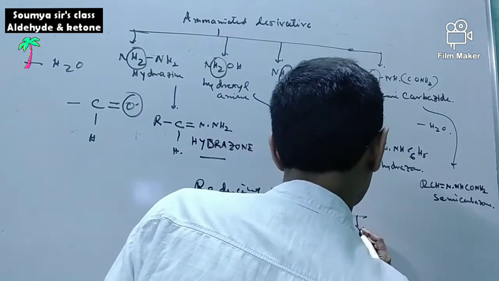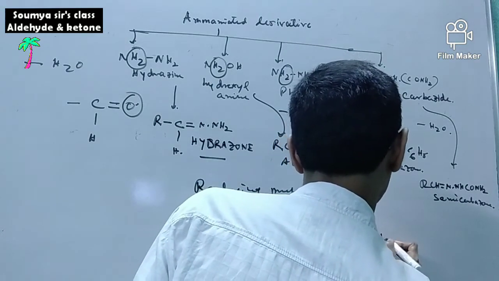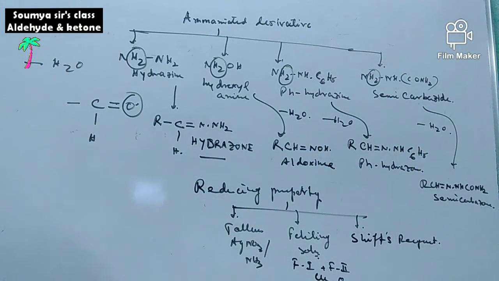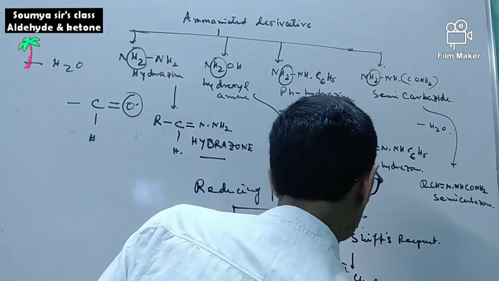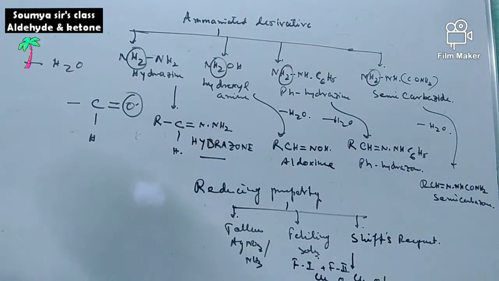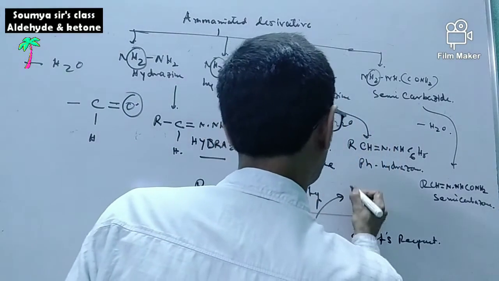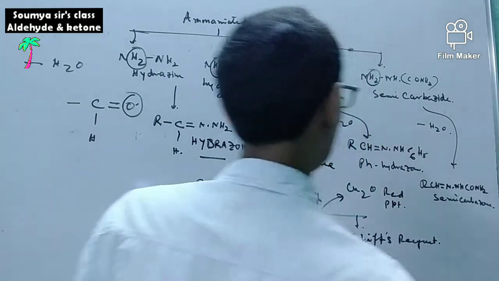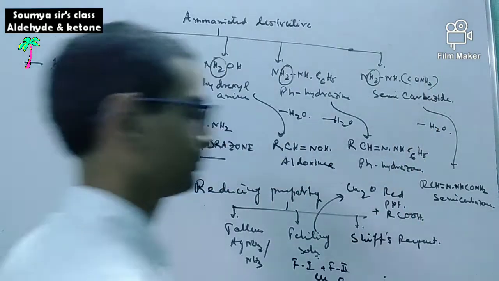And number three is actually Schiff's reagent. So Schiff's reagent is another reducing reaction. With these reactions, Cu2O red precipitation occurs, and we can distinguish by the red precipitation. I am writing here again, the Fehling will give Cu2O red precipitate, and in turn the aldehyde will form RCOOH.